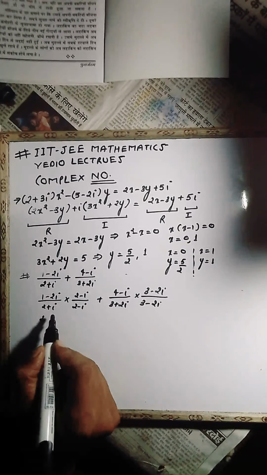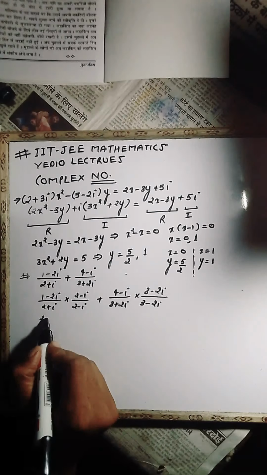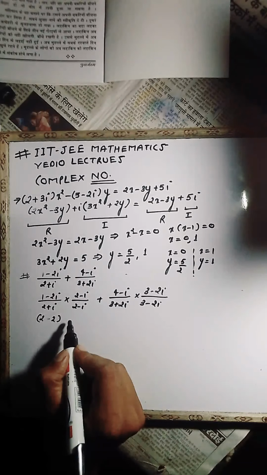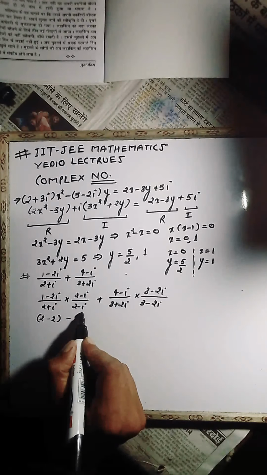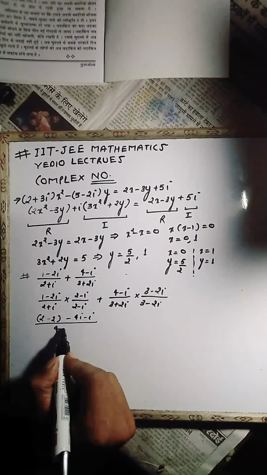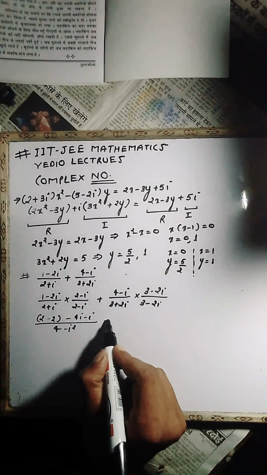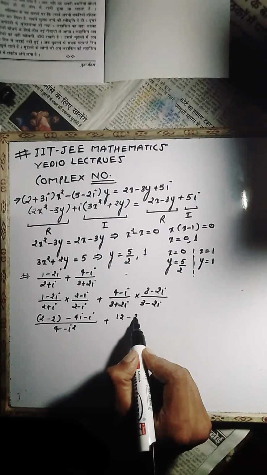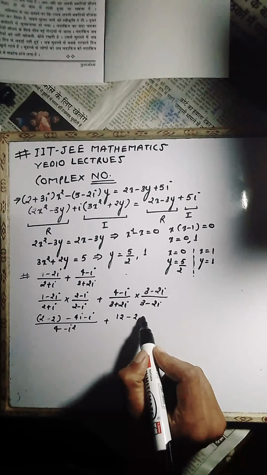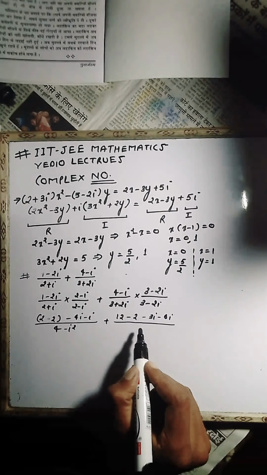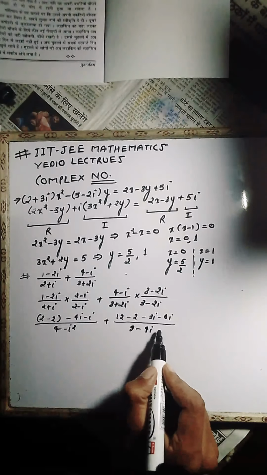So 2 minus 2 minus 4i minus i upon 4 minus i square, plus 2 minus 3i minus 8i upon 9 minus 4i square.